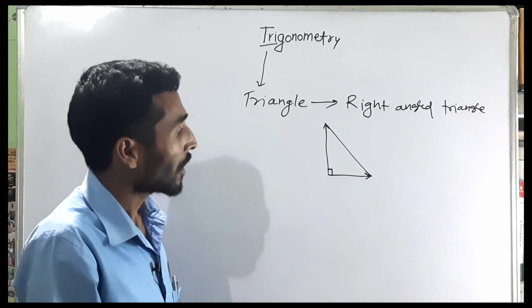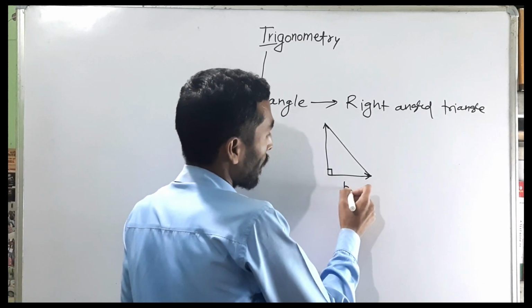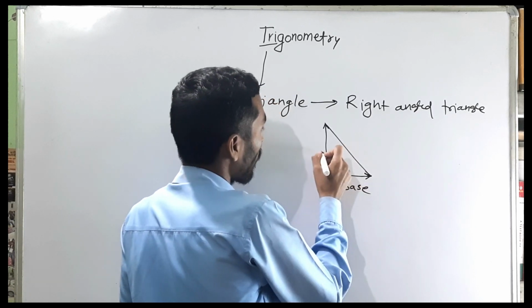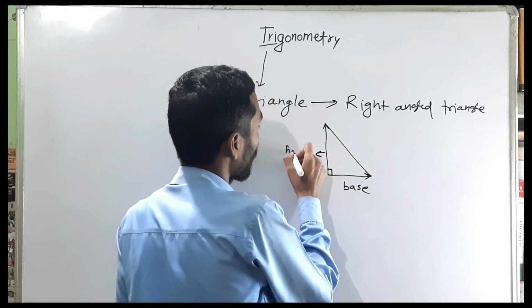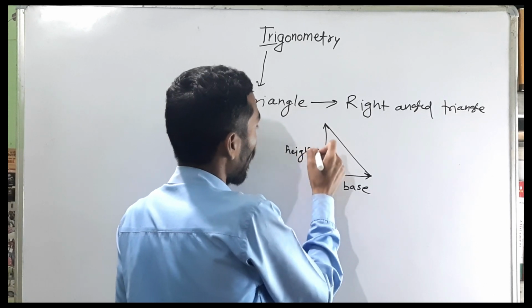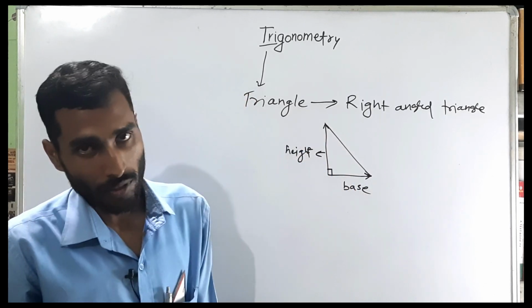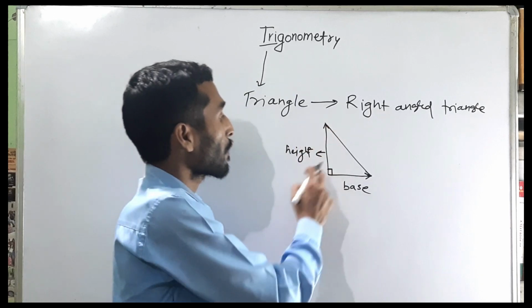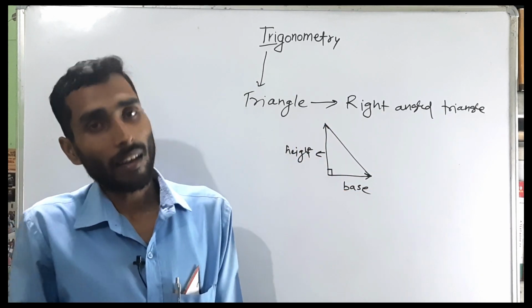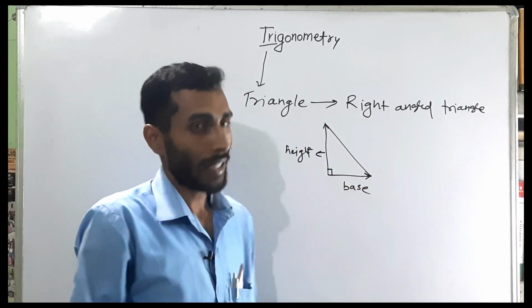In any triangle we consider this line as the base and this line as the height, or we can say altitude. Basically altitude is perpendicular to the other side, that is called the base.